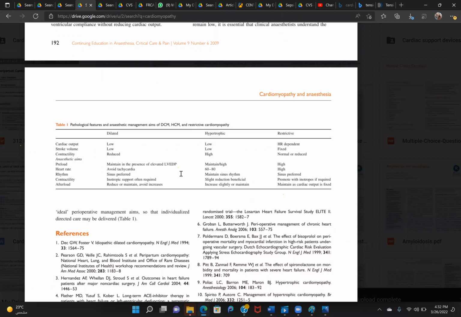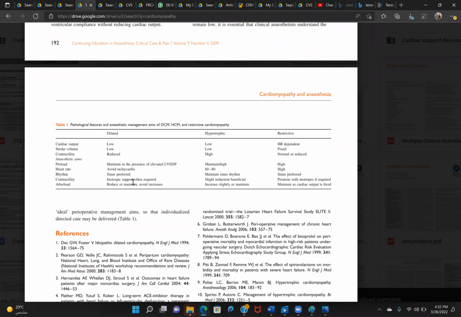That's why these patients can go into pulmonary edema very easily, because the pressure behind, going towards the lungs, is more. And if you have tachycardia, the patient will collapse, because the filling, which is already hampered, is reduced further and cardiac output will decrease.